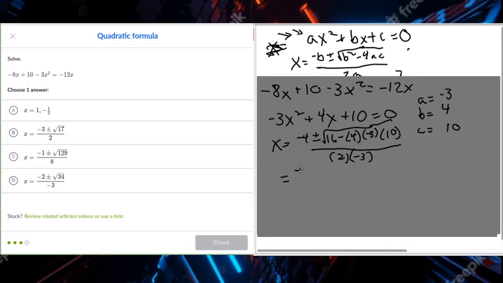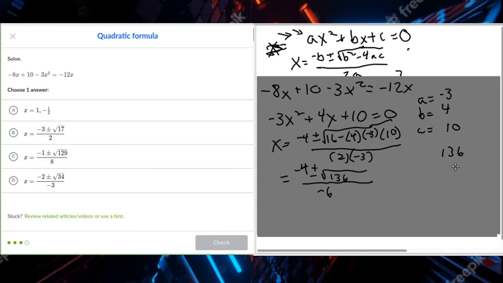It's going to come out to negative 4 plus or minus, and see what we got here. Negative 3 times negative 4 is 12, 120, 136. Is that right? 136. Okay, that looks right. All over negative 6.